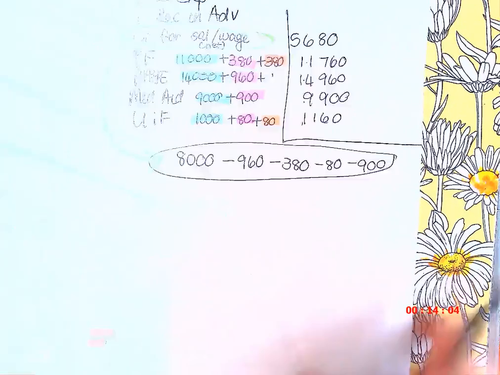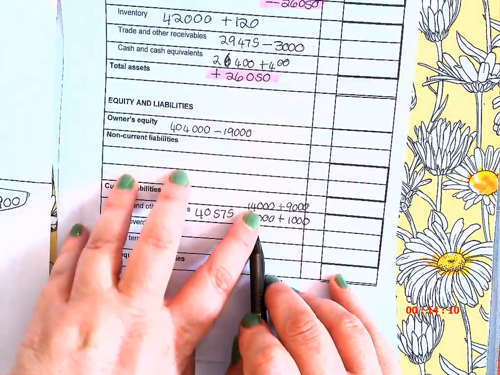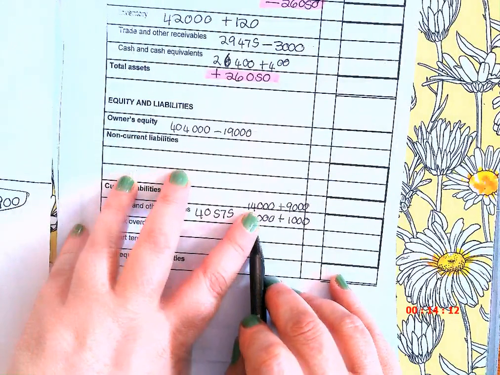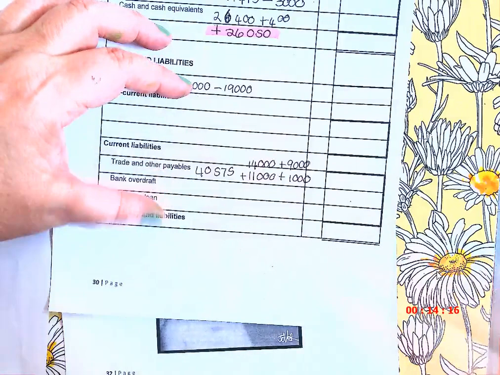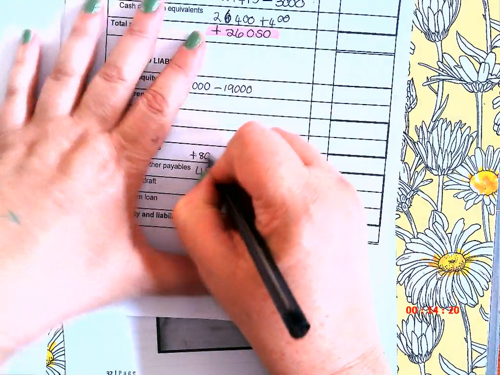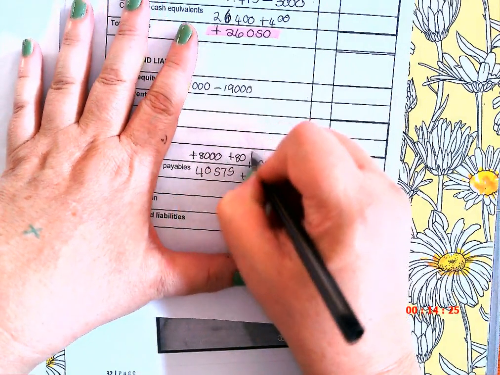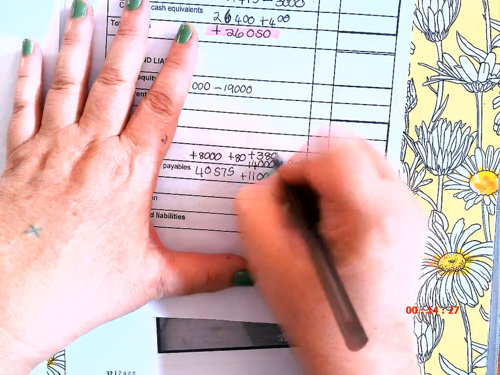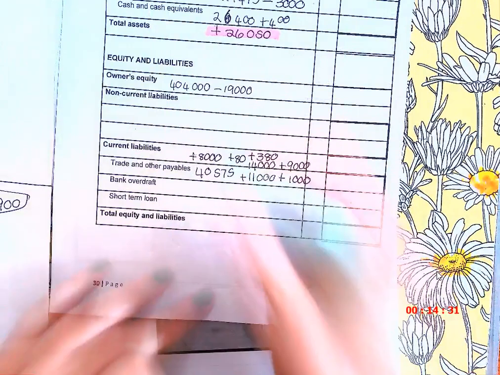If I only ask you the face, can you now see? I have to add what? If I add here, I didn't do the note. Can you see I would still get full marks if I just say plus 8,000 plus 80 plus 380. What did I do here?